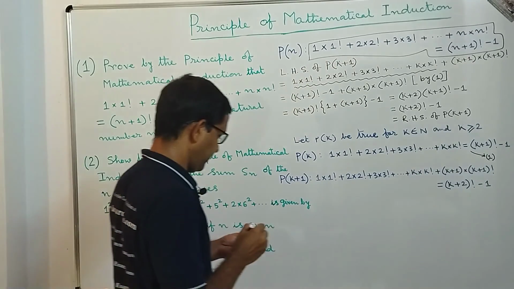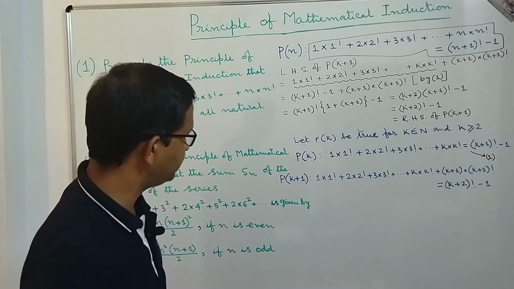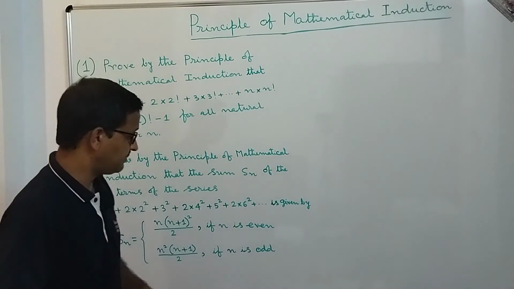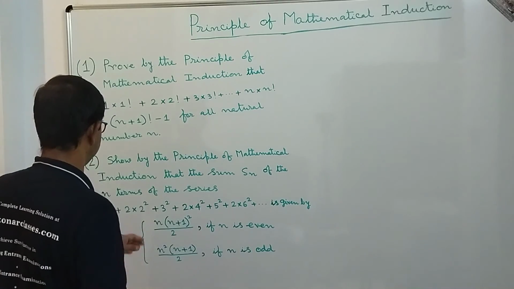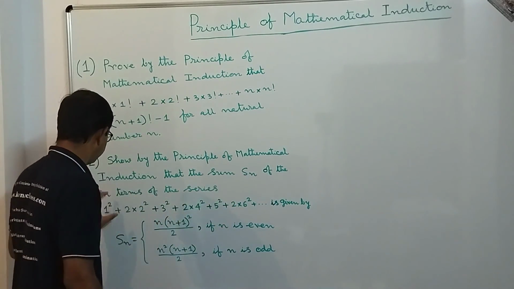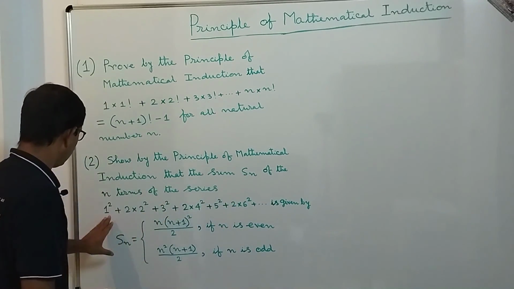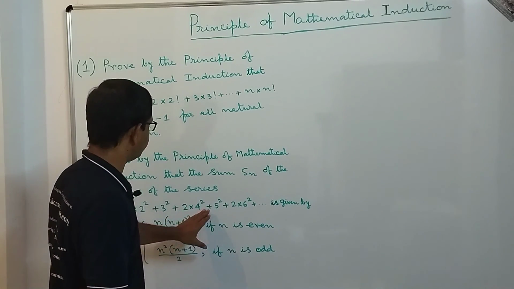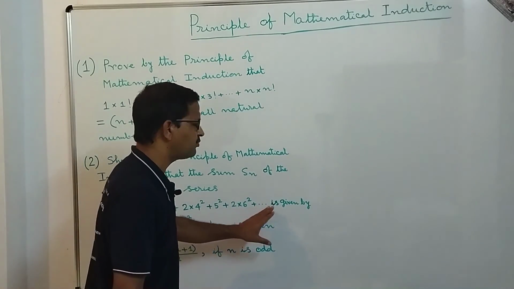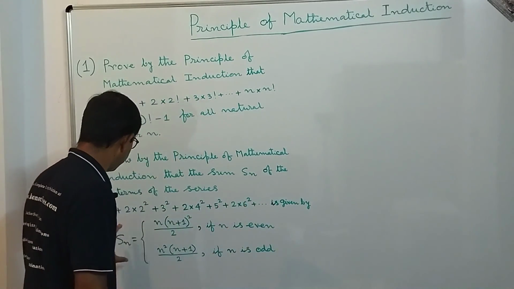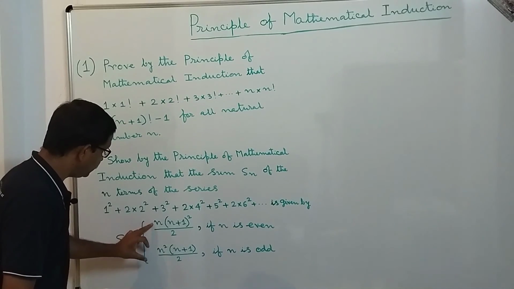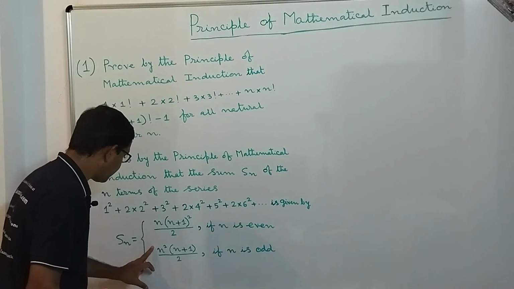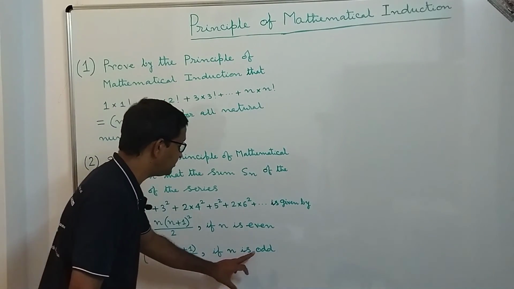Okay, done. Now, dear students, let us concentrate on the second question. By the principle of mathematical induction, the sum S(n) of the n terms of the series 1 square plus 2 into 2 square plus 3 square plus 2 into 4 square plus 5 square plus 2 into 6 square up to n terms is given by S(n) equal to n into (n+1) whole square by 2 if n is even, and n square into (n+1) by 2 if n is odd.